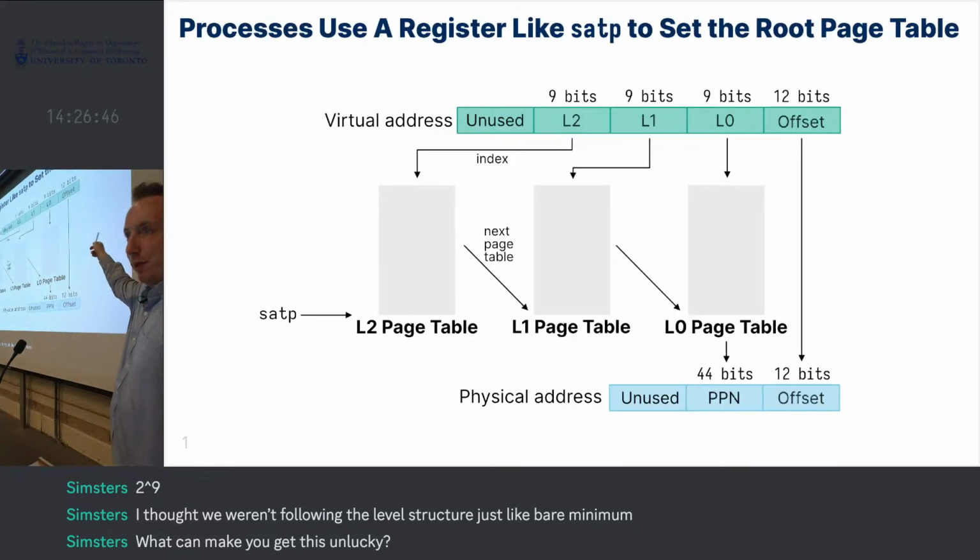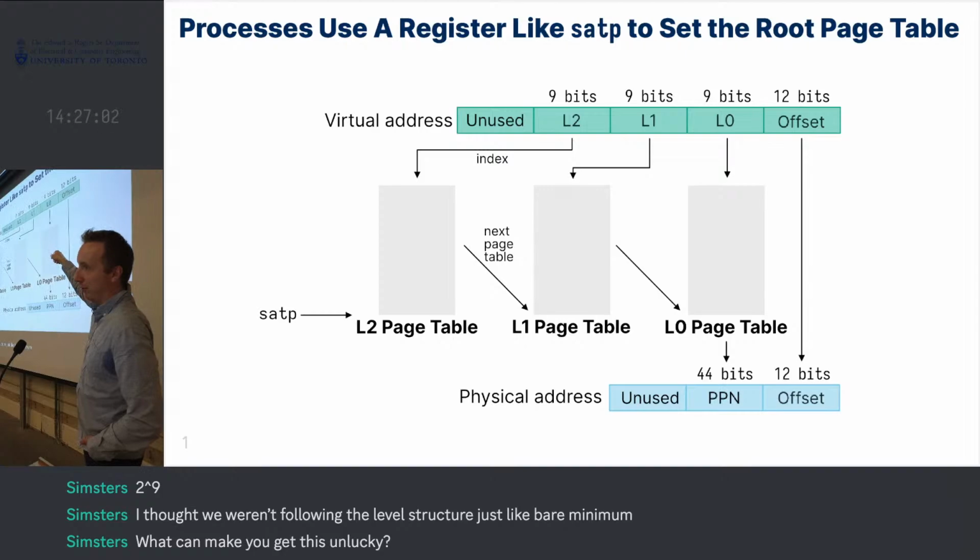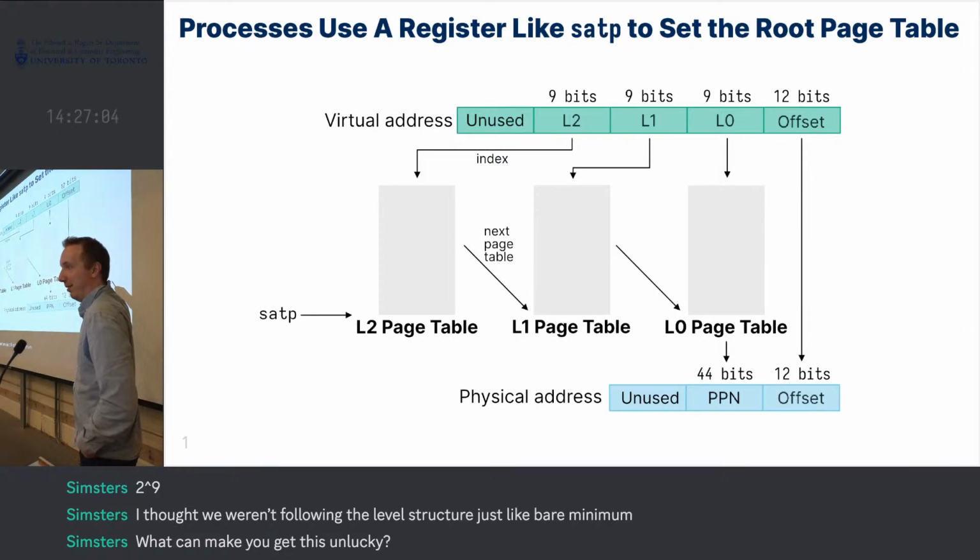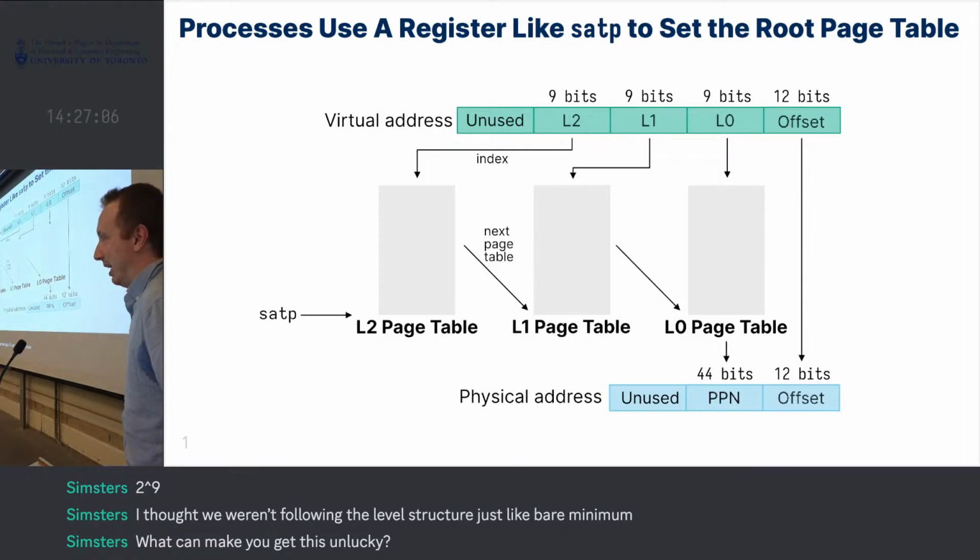All the L0 bits are the least significant bits. So if all the addresses are contiguous, it means all their entries will also be beside each other in the L0 page table. If I was crazy, I could flip the indexes and use the current L2 bits for L0, but I don't, because I want everything that's contiguous to be located beside each other. I don't want to create massive amounts of page tables when I don't need to.